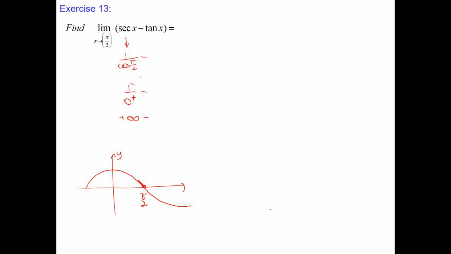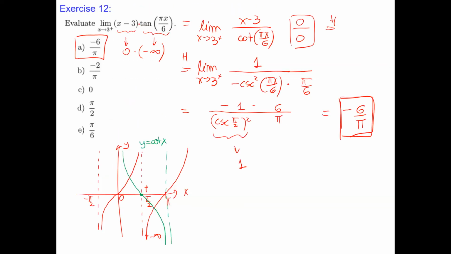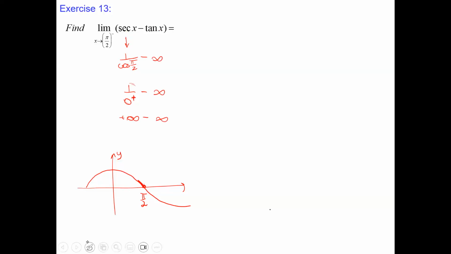Now, tangent. Tangent at pi over 2, from the left-hand side, we remember it was infinity. Let's come back to tangent. On the left-hand side the function goes to positive infinity. But we can also think about the fraction, which we will use.